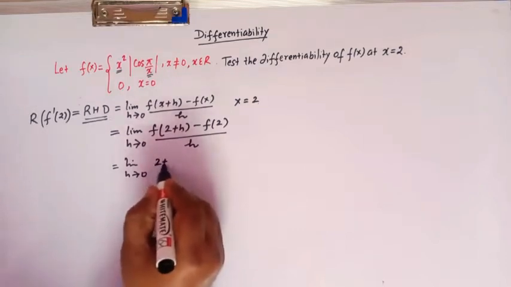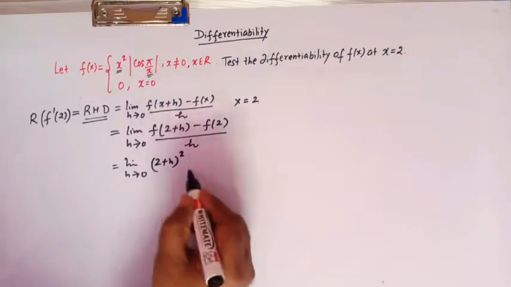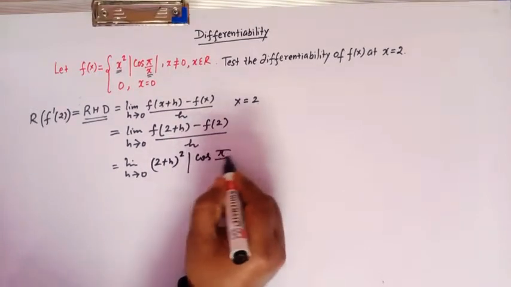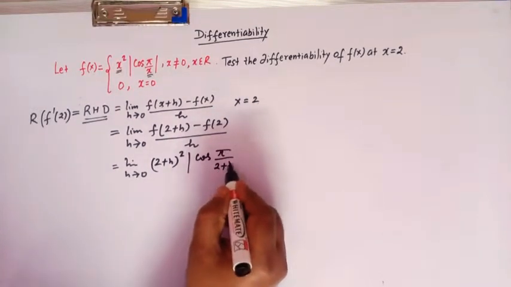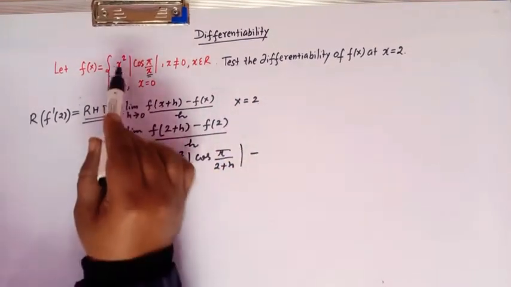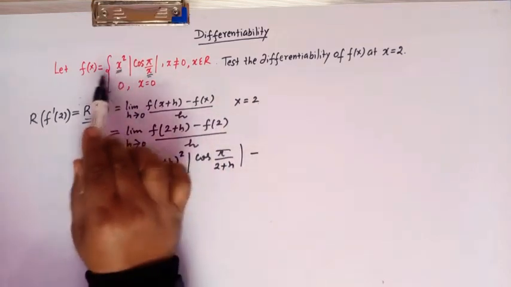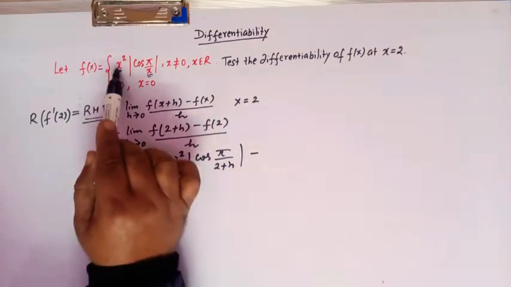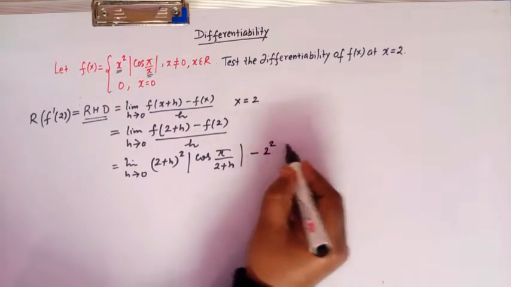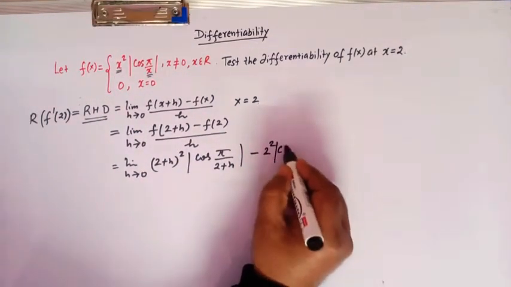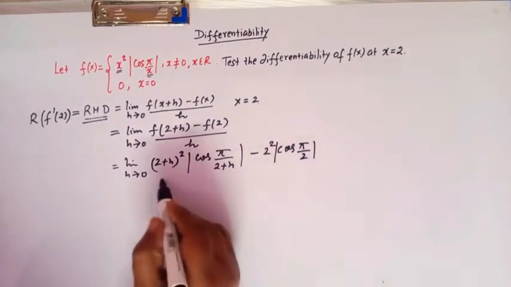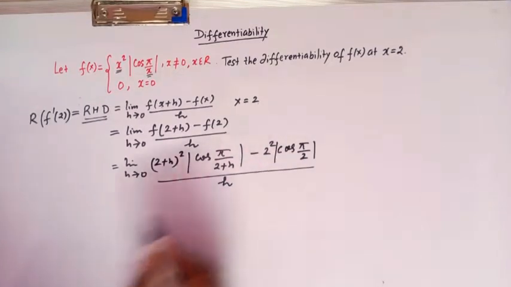So now we have 2 plus h whole square and mod of cos pi over 2 plus h, and minus f of 2 is written as by substituting x is equal to 2 over here. So we have 2 square and mod of cos pi over 2 and divided by h, right?